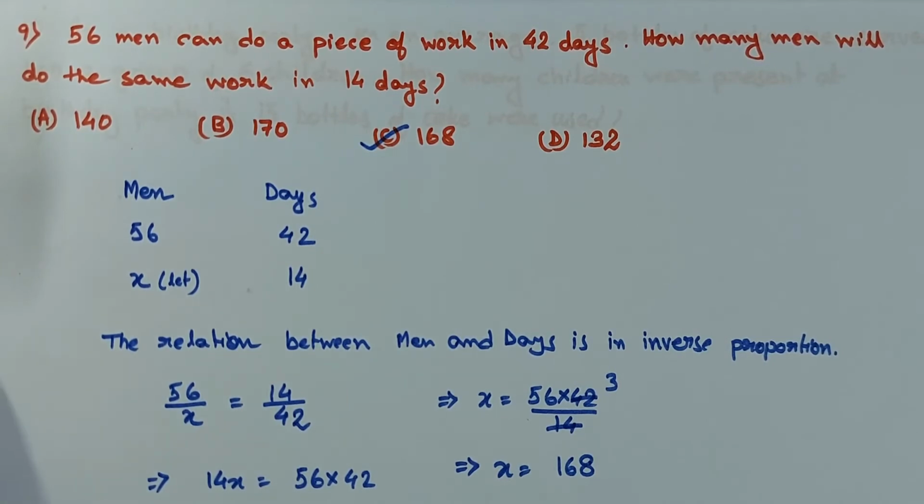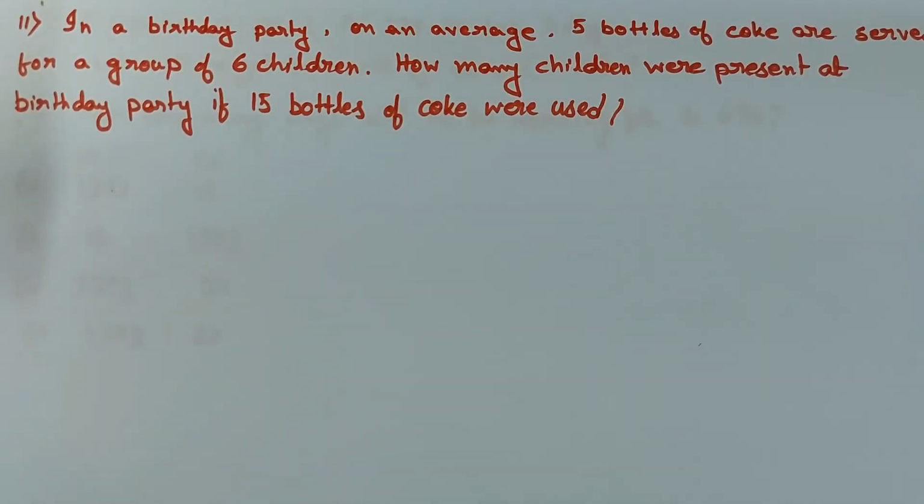In a birthday party, on an average 5 bottles of Coke are served for a group of 6 children. How many children were present at the birthday party if 15 bottles of Coke were used? Read the question again.